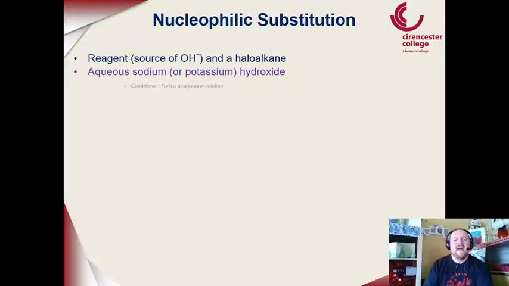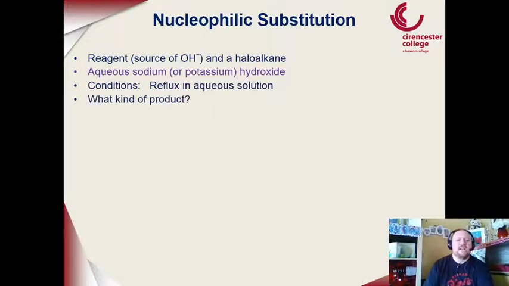So if I have something like potassium or sodium hydroxide and I reflux it with a haloalkane, usually you add a little bit of alcohol to it as well, just to make sure the sodium hydroxide or potassium hydroxide is able to be in contact with the haloalkane. Haloalkanes don't usually mix with water. Haloalkanes are usually more dense than water, so sit at the bottom of the reaction vessel.